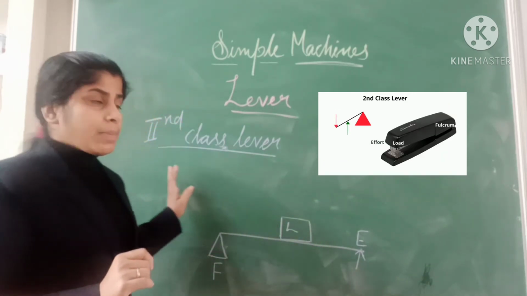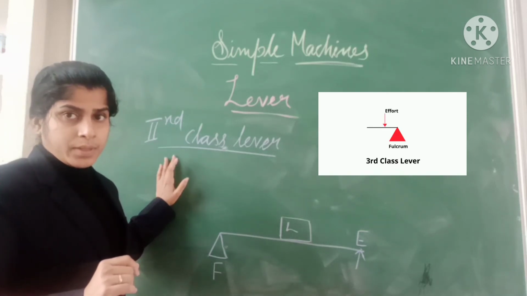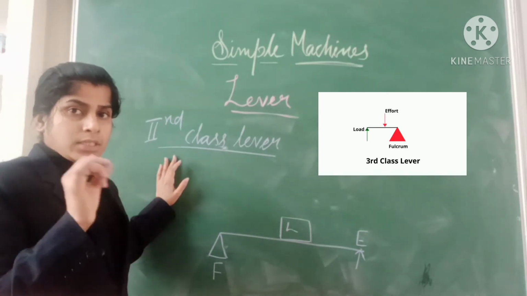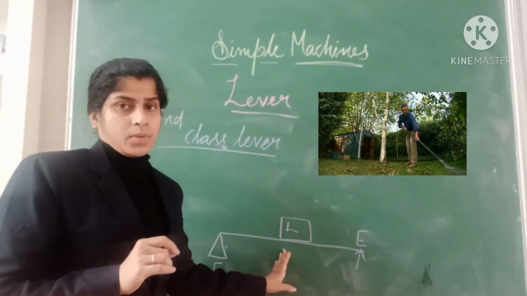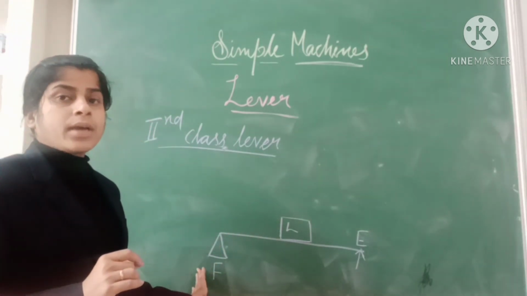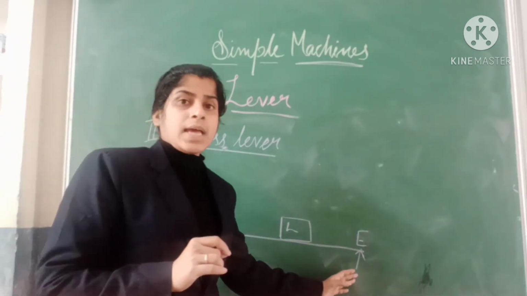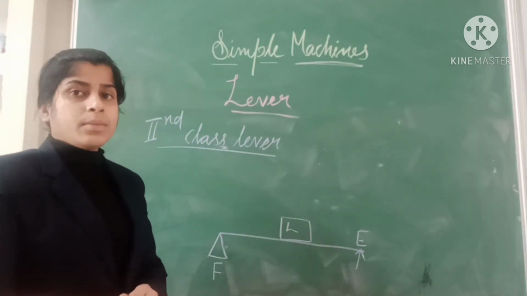So these are examples of second class levers. In the second class lever, the load lies in the center, the fulcrum acts on one end and the effort acts on the other end. Example: our trolley bags.